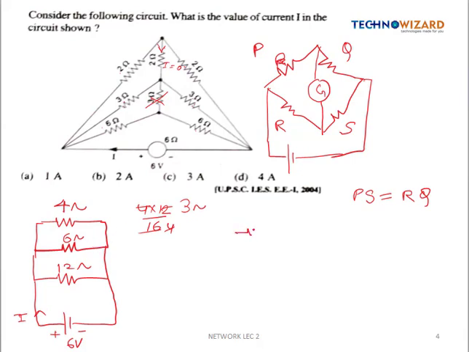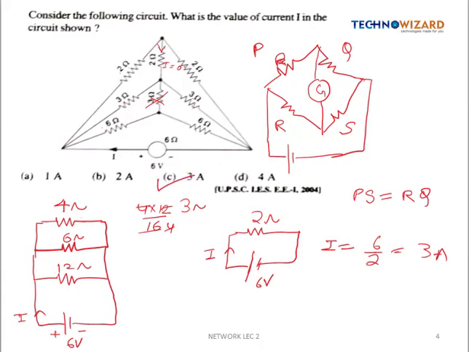So our circuit will reduce to R equivalent, which we have calculated as 2 ohm, and a battery of 6 volt, and we need to find out simple current. So here current will become 6 by 2, which is 3 ampere. Okay, so for this question option C is right.